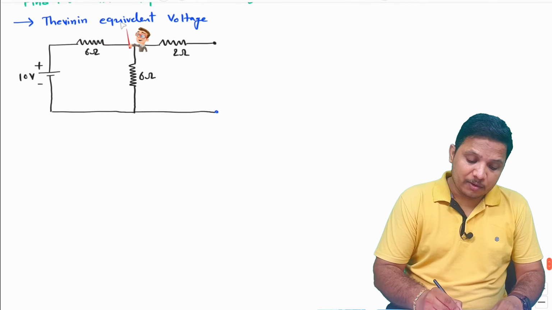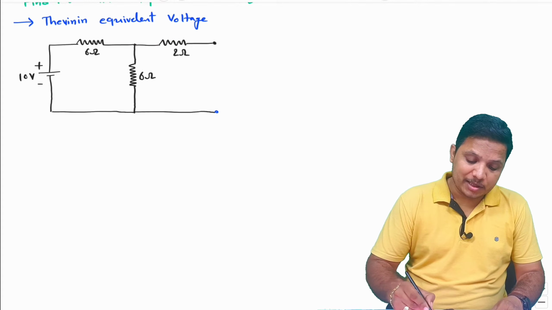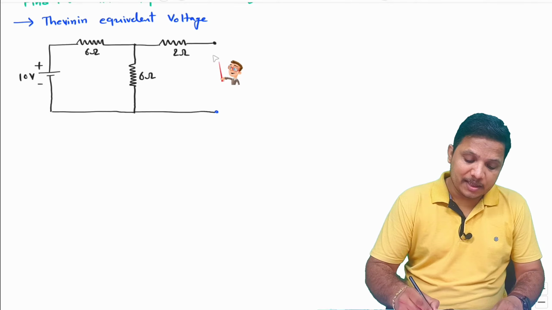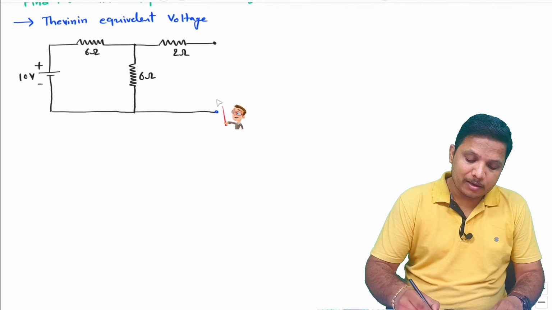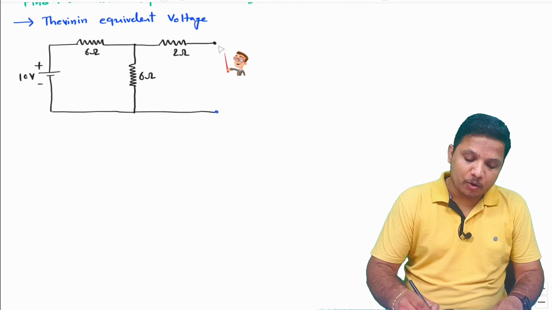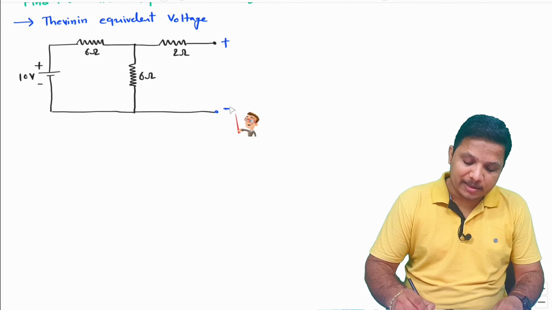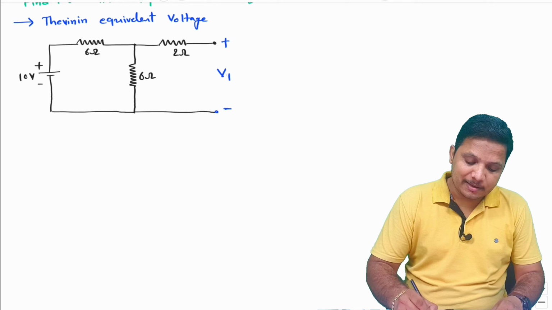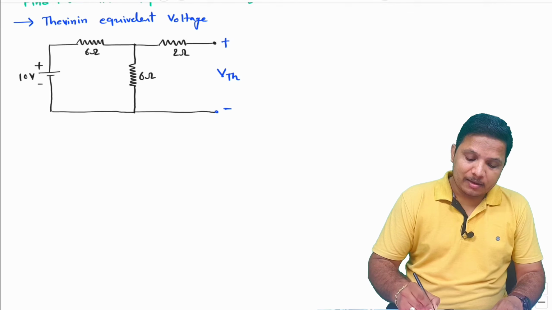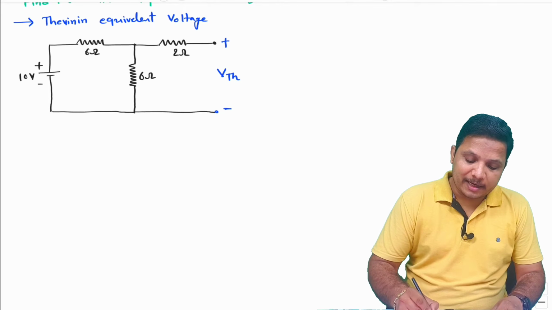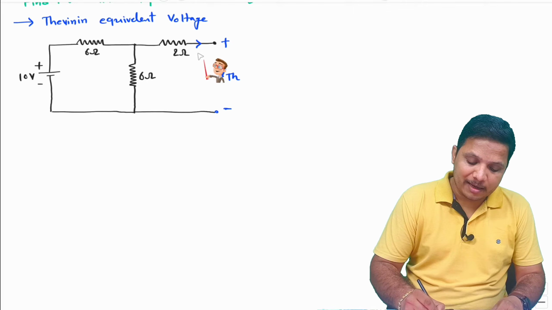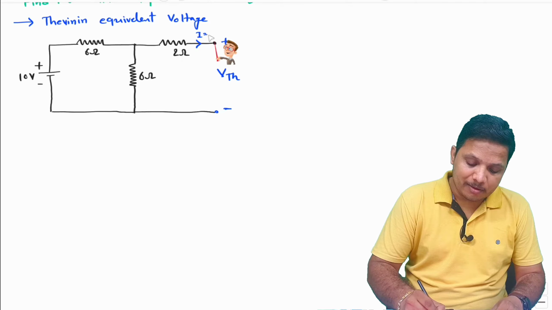For the Thevenin's equivalent voltage calculation, we need to remove the load and measure the open circuited voltage at the load. So here I will be measuring the open circuited voltage, and that is VTH.